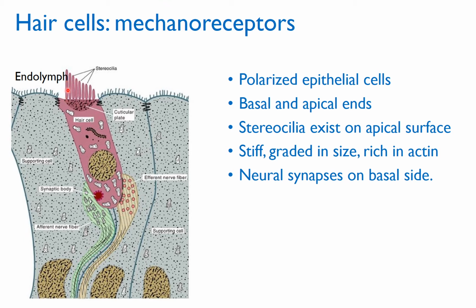There are stereocilia, which exist on the apical surface. They are stiff, graded in size, and rich in actin, which allows them to deflect or bend at their pivot points. And then down at the basal surface, there are synapses with afferent and efferent neurons.